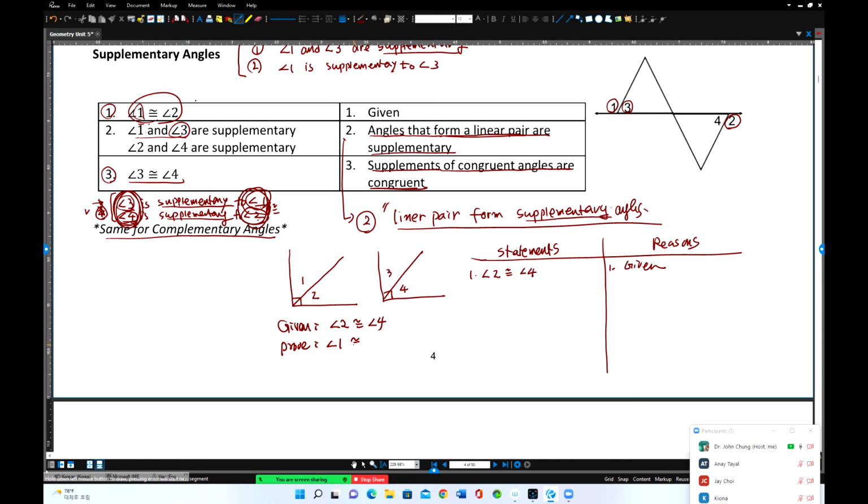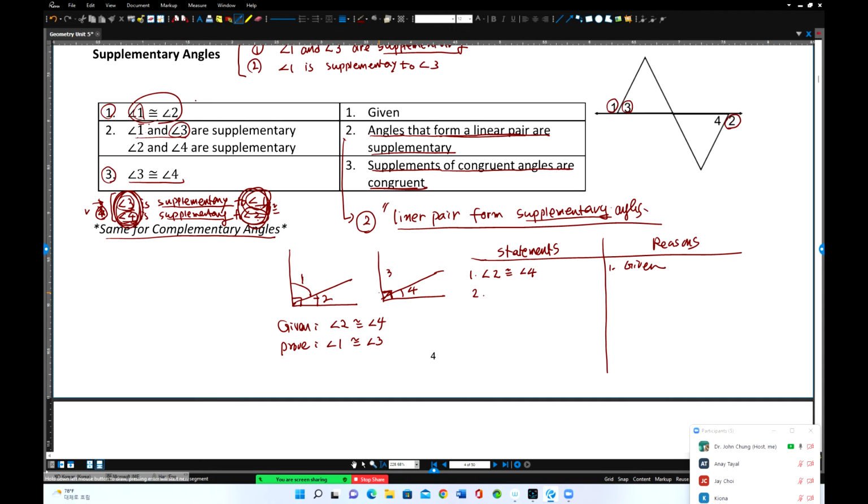Angle 1 congruent angle 3. Right? I'm going to make a little smaller one. Angle 4 is small. Okay, that is angle 2, angle 4, very small, right? Congruent. Angle 1, angle 3, big. Okay, anyway, they are complementary, right? So over here, this is right angle.